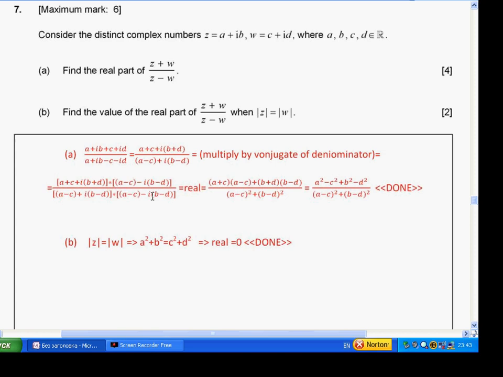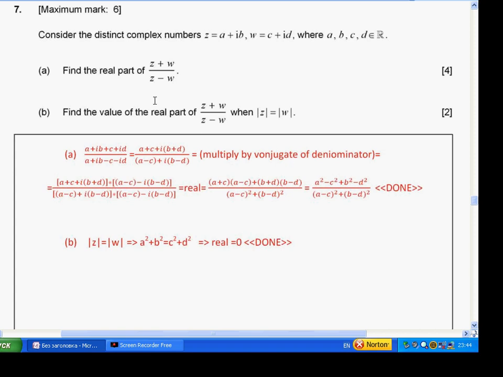As a result, we have plus and minus, so it is a difference of squares, and i squared gives us minus 1, minus gives us plus, so we get a very simple expression for the denominator. And for the numerator, we again have a difference of squares, and we keep it as it is.